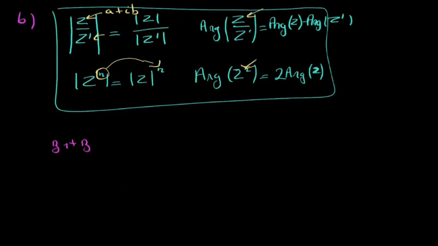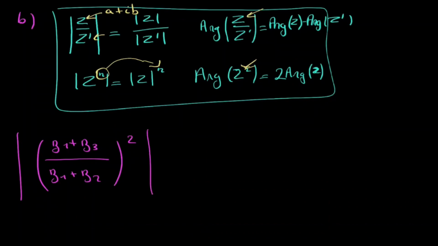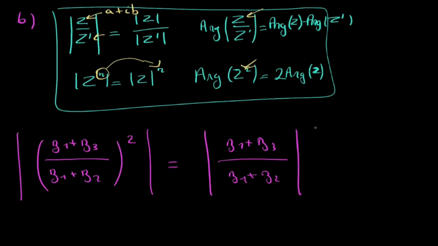z1 plus z3 over z1 plus z2 square. Okay, the modulus of this equal the modulus of z1 plus z3 over z1 plus z2 square. Here the 2 can be put here.